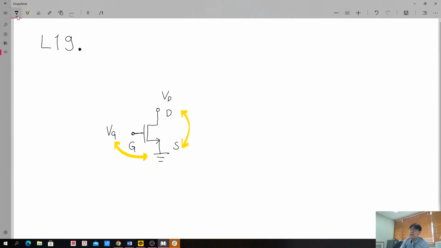As I told you before, the most important thing we will have to check is whether that transistor is actually working as a switch. If we have our drain bias as a low value, then we will have almost piecewise linear behavior, so we can clearly define the threshold voltage.